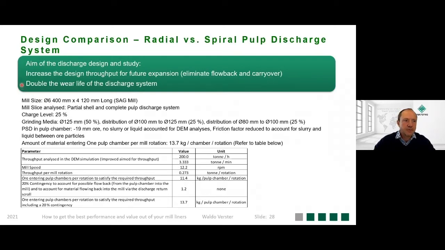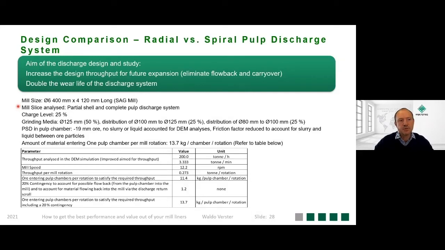The customer also requested to double the wear life of the discharge system. So this was a very big challenge. If we look at the mill parameters, it is a 6.4 meter diameter, 4 meter long SAG mill. In the study, we used the discrete element method extensively, and we did a comparative study between the radial and the spiral design.